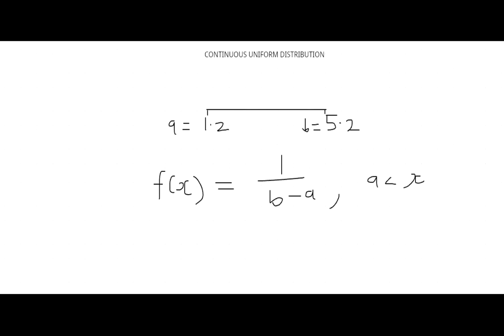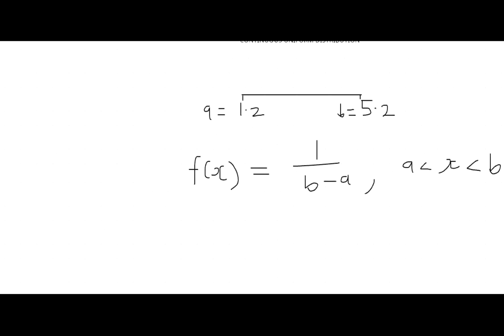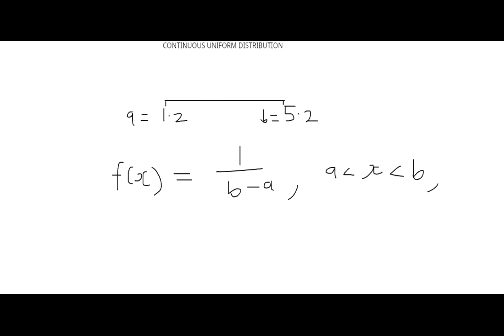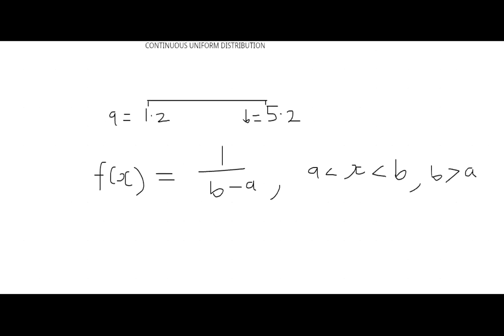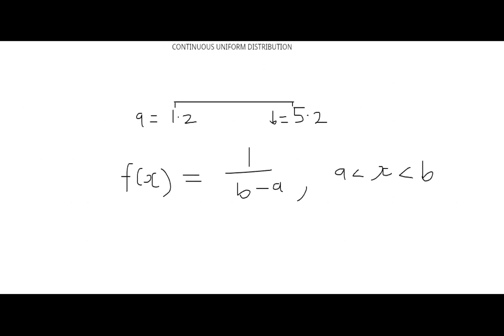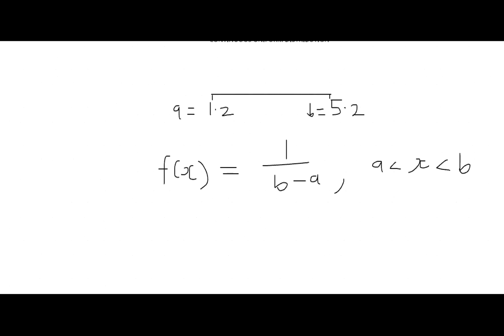So you are going to have it this way. And note, I'm adding this to the equation. You may not see this, but if you check the textbook or something, it depends on who defines it. It should be noted that in this case, B should be greater than A. Okay, so I believe it's already shown here. So if X is between A and B, so definitely B should be greater than A. All right, this is the case.